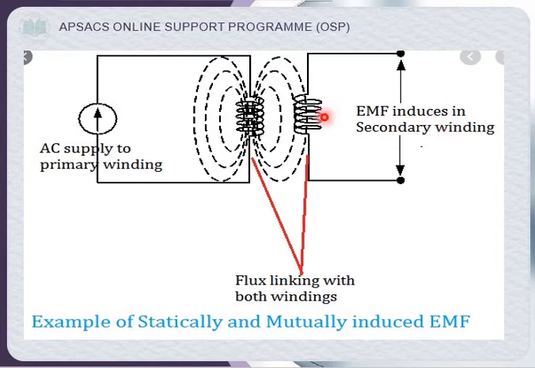In this whole scenario, the conductors are stationary, whereas the magnetic flux is changing due to the input supply. So the magnetic field is changing in the presence of a stationary conductor. This is the example of statically induced EMF, and the term mutually induced EMF will be discussed in the coming slides.